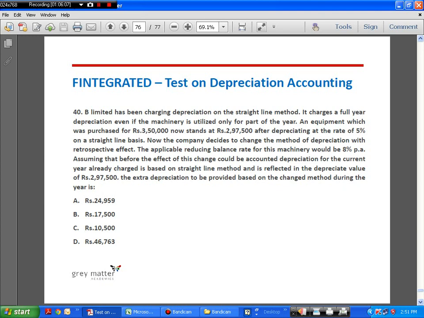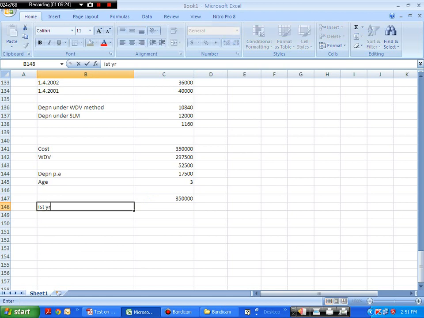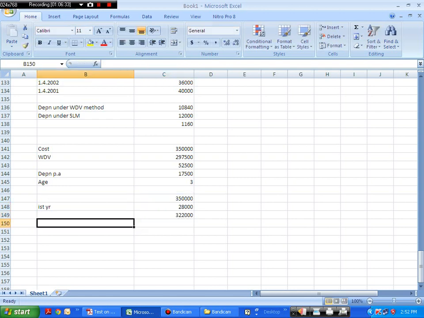Now they want to change the method of depreciation and apply the written down value method of depreciation at 8% per annum. So we have to start from 3,50,000. Okay, so depreciation for the first year will be 3,50,000 into 8%. Okay, so now our WDV becomes 3,22,000.